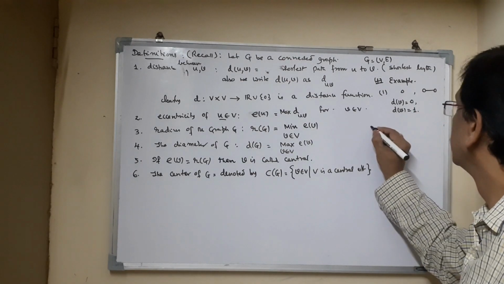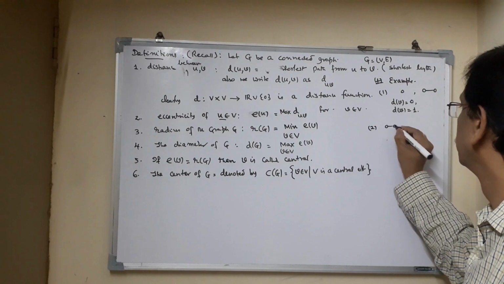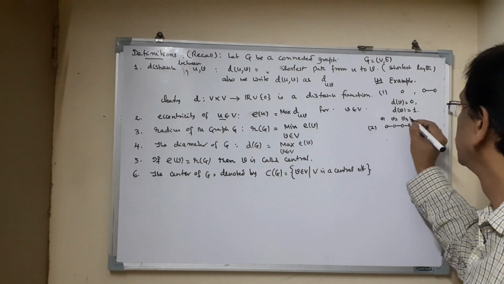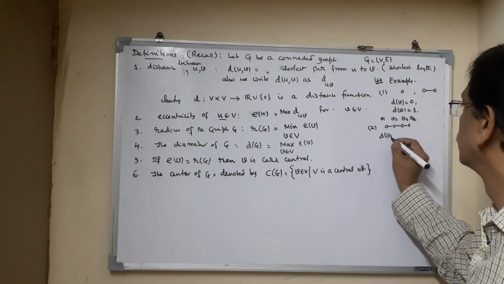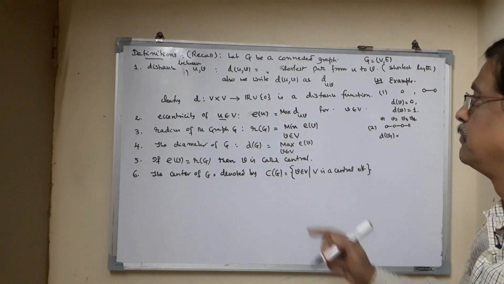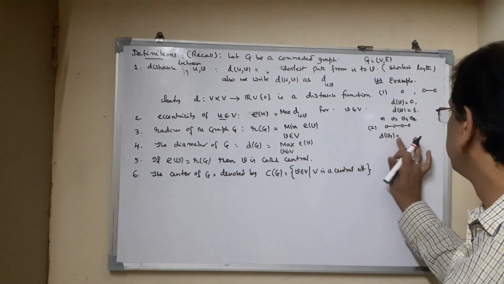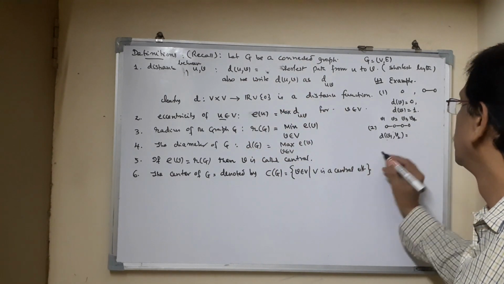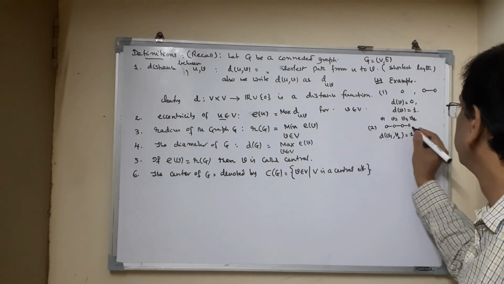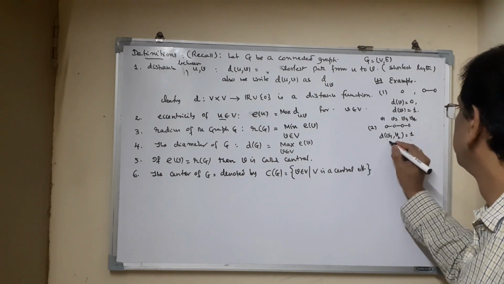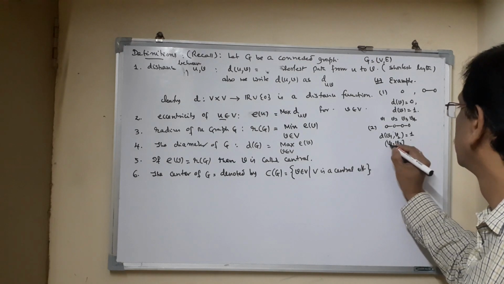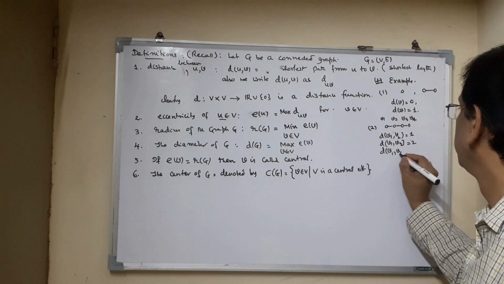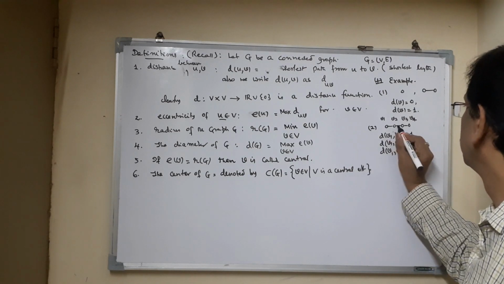Let us see a simple example with 4 vertices V1, V2, V3, V4. What is d(V1)? You have to write d(V1, V2), which is 1, d(V1, V3) is 2, d(V1, V4) is 3.